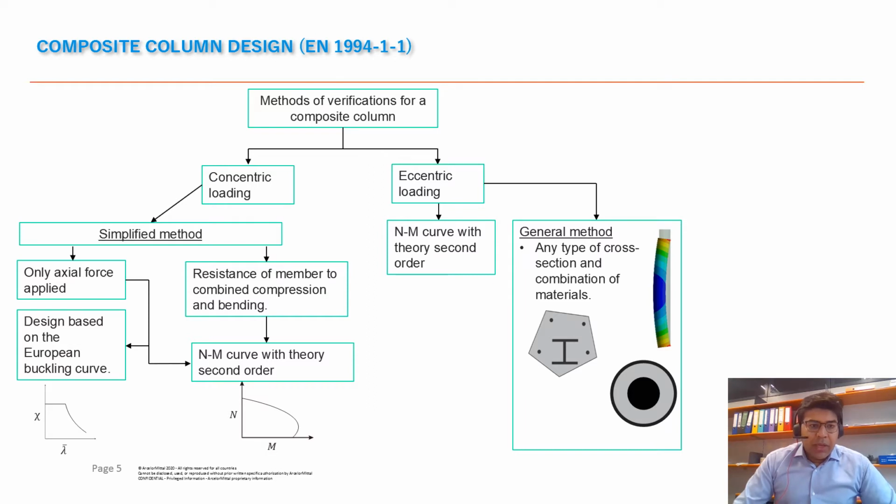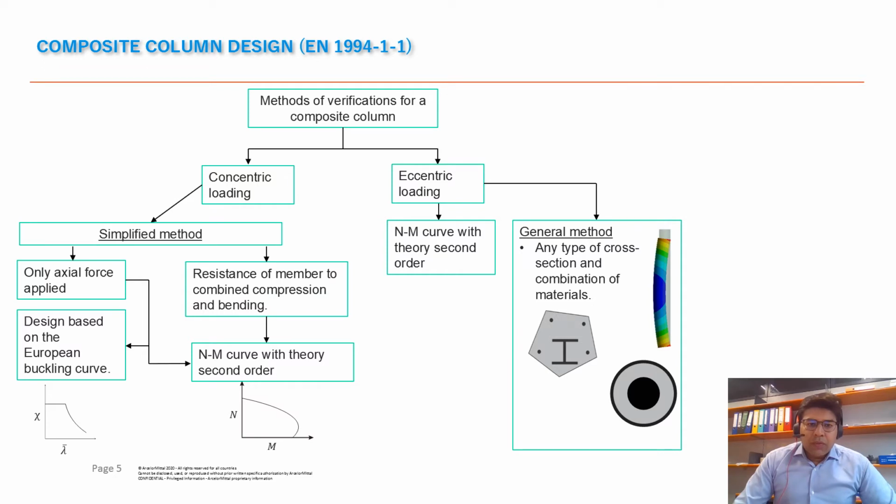If there is only axial force applied, we can go ahead with designing the column according to European buckling curves, or we can make a simplified NM curve using linear polygons, just joining 4 points, which you will see further, and apply the theory second order.